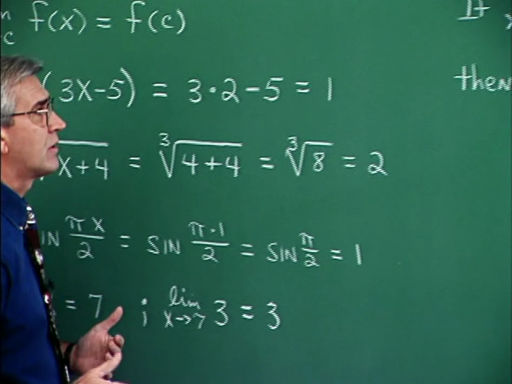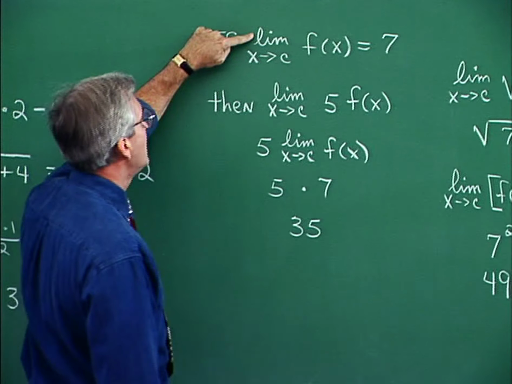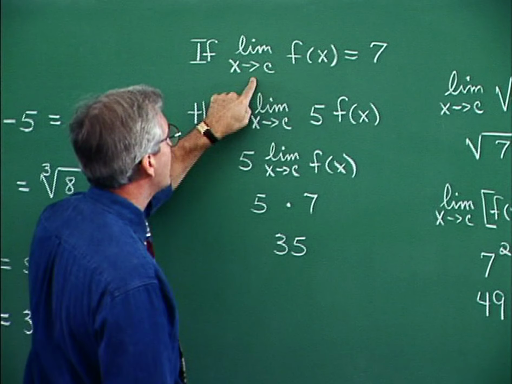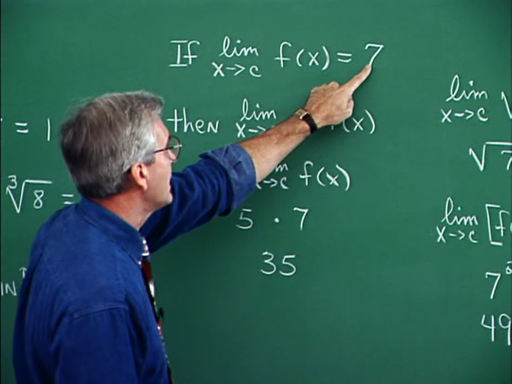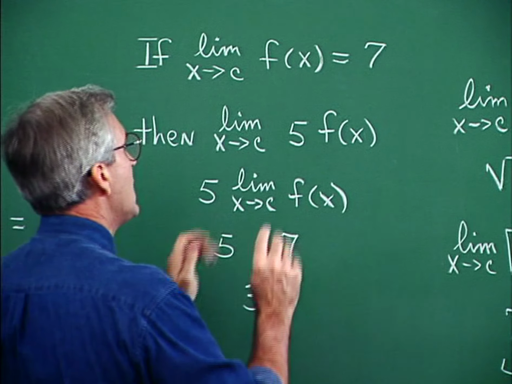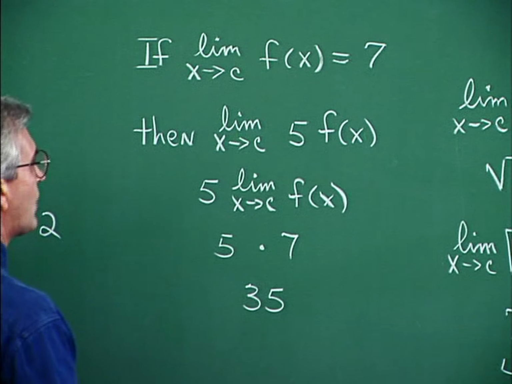Let's look at some others that are rather intuitive. Suppose we know that the limit of our function as x approaches some target c is 7. Let's say that's given. We're not finding the limit, we're given the limit. Now, let's perform operations on this situation.